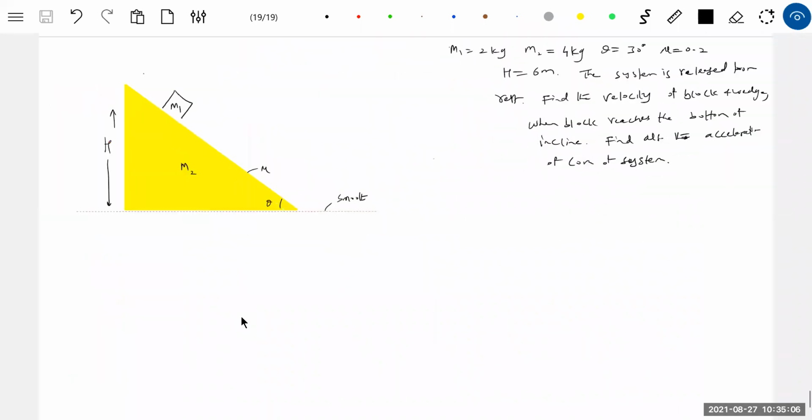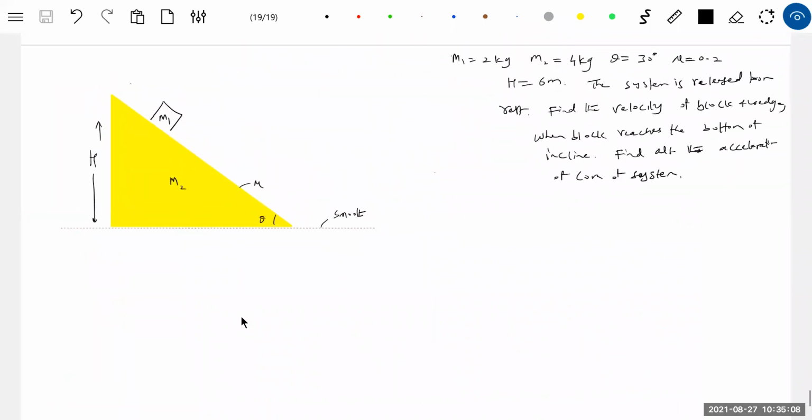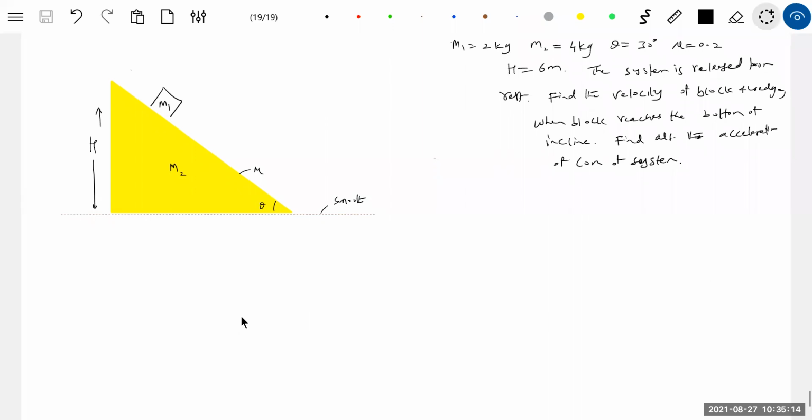This is the last one. Let me share only the idea. This inclined plane surface is rough. The block is released from a certain height h. This surface is smooth. He has given the mass of the block and the wedge, the angle of inclination, the coefficient of friction.